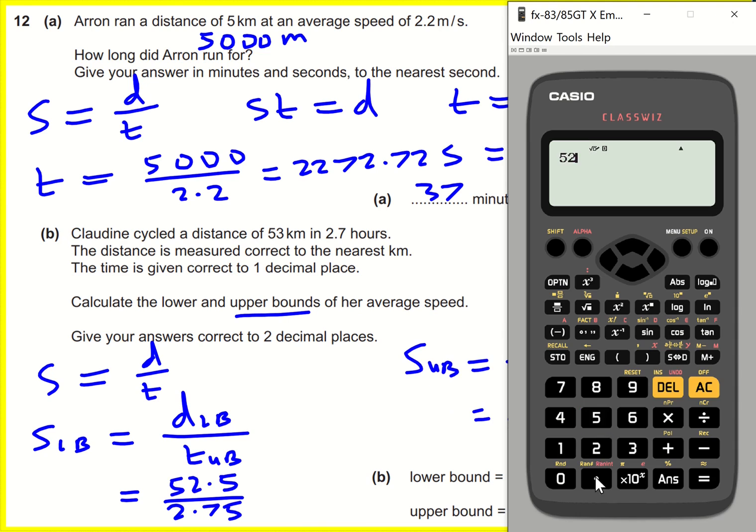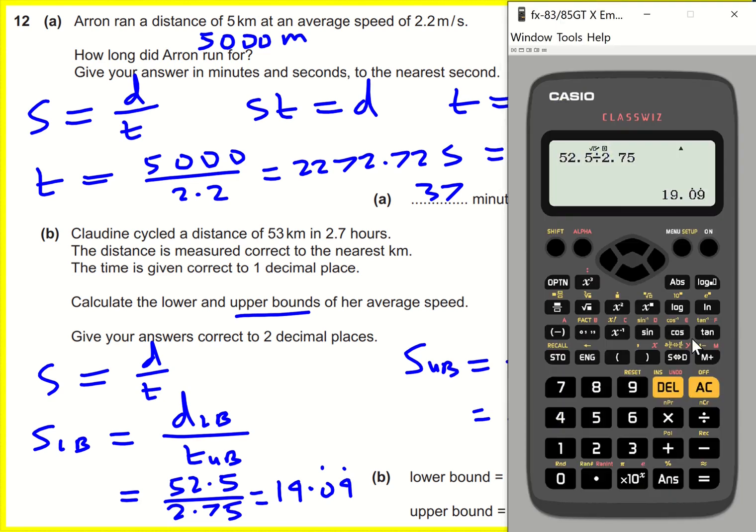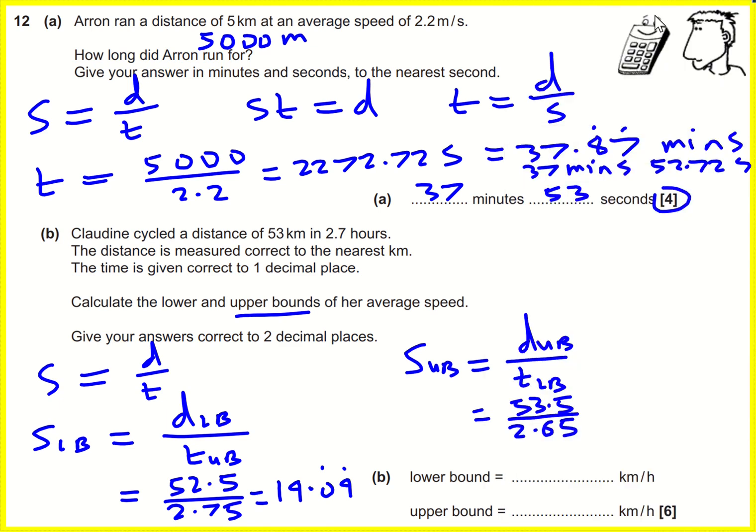Okay, 52.5 divided by 2.75 is 19.09. Give your answers to 2 decimal places. Careful here. 19.09 looks fine.